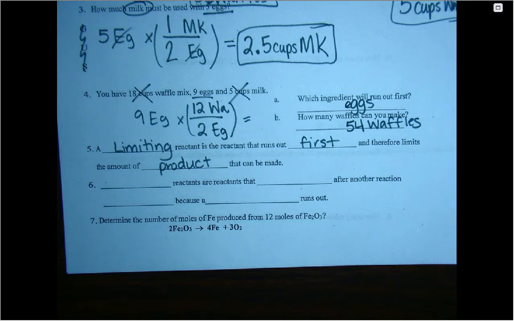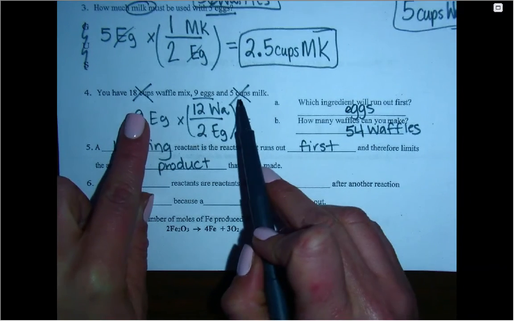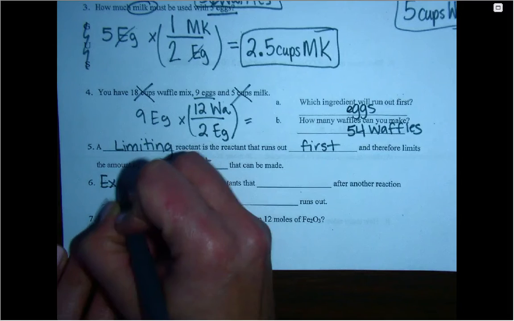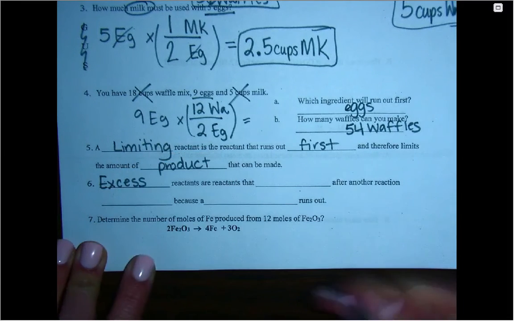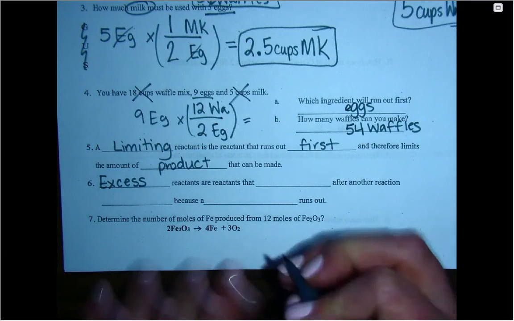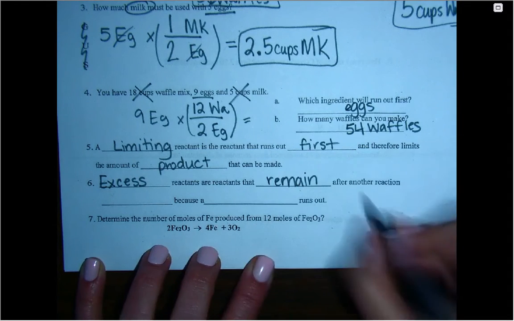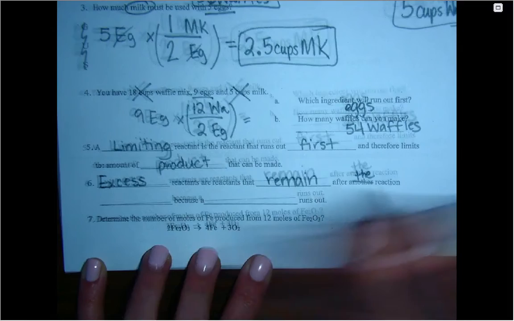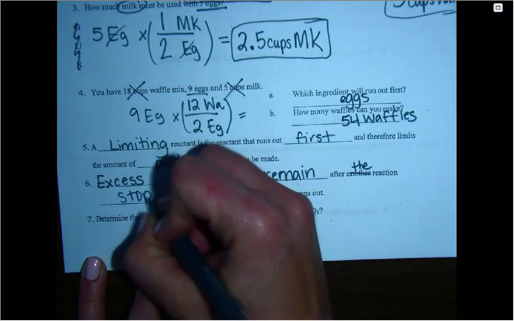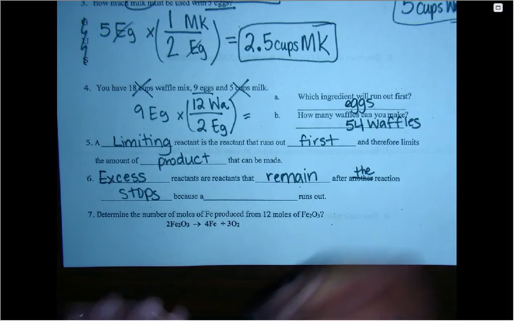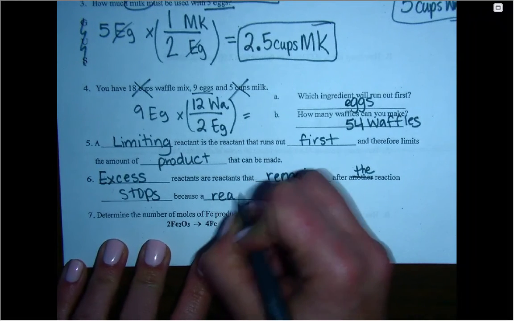It stopped the production of waffles, those eggs. Those other 2 things, the stuff that didn't run out, are known as excess reactants. These are reactants that remain after the reaction stops because a reactant ran out.